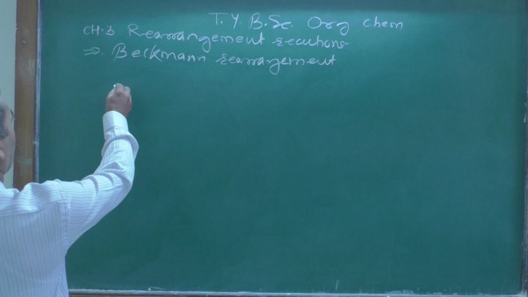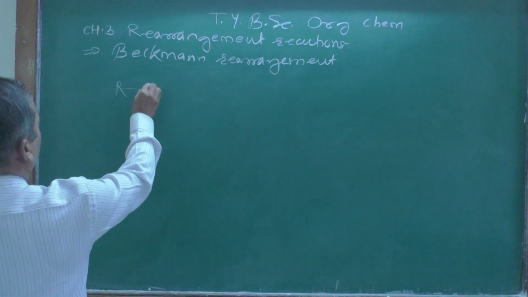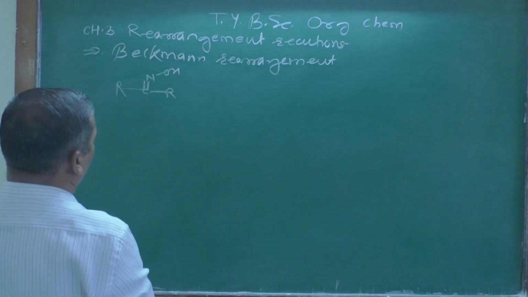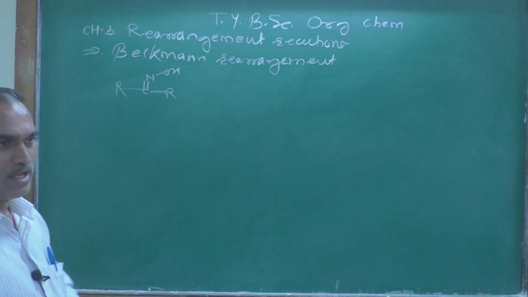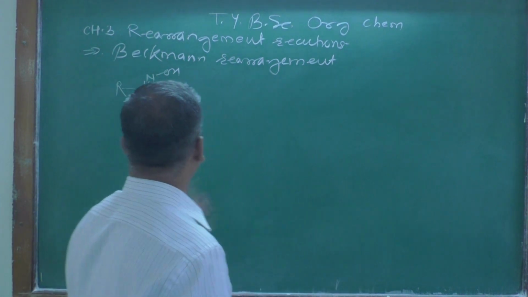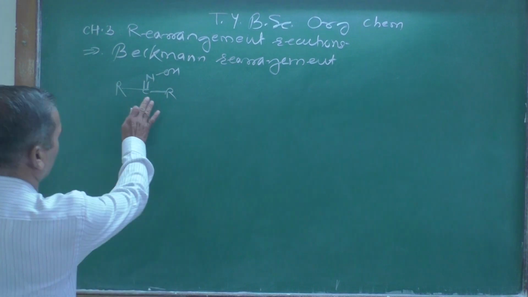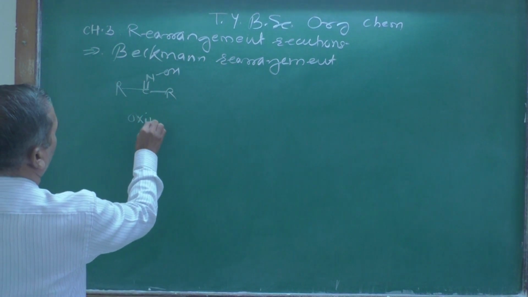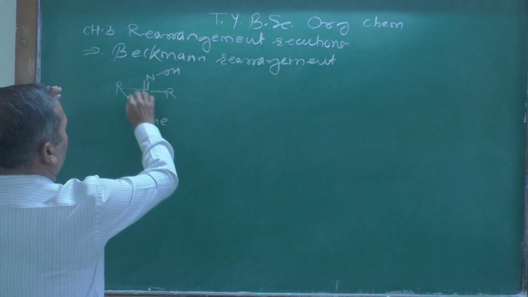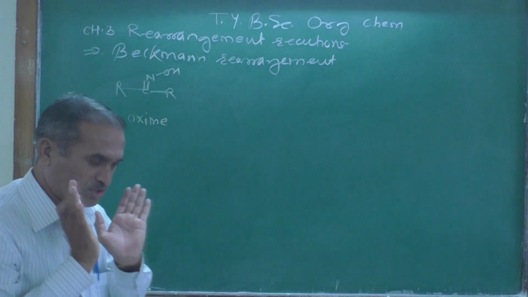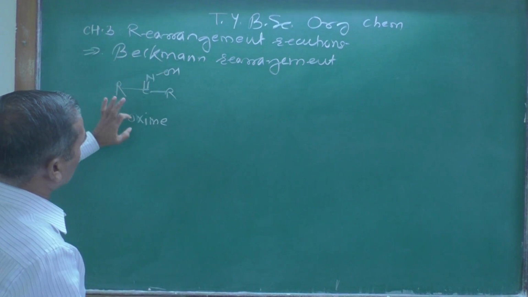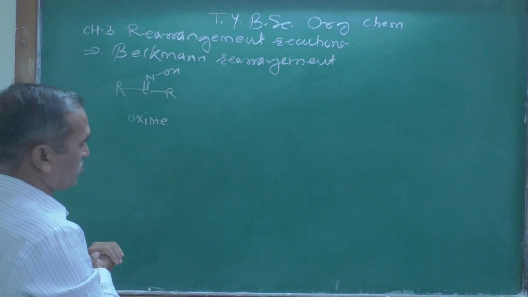In a general reaction we have seen like this: R2C=NOH, where I am considering a symmetrical ketone, and this species is known as oxime. Remember, this is the general structure of the oxime. C=NOH is known as oxime, or an oxime derivative.